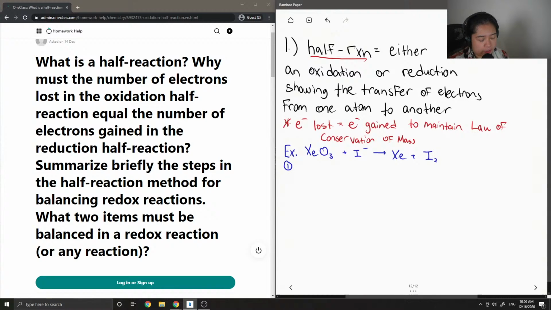So the first part of solving a question like this is just to write the reduction and oxidation half reactions. And also in this same step, we want to make sure to balance the atoms as well.